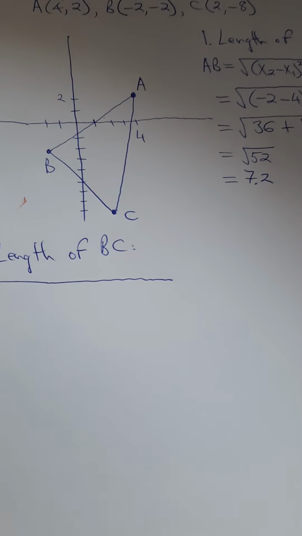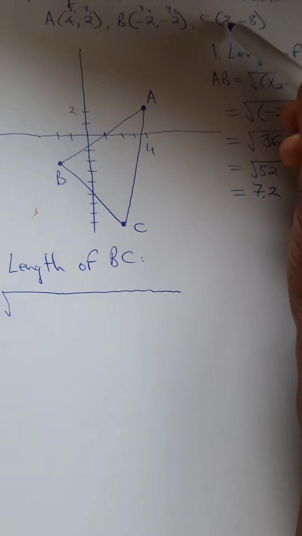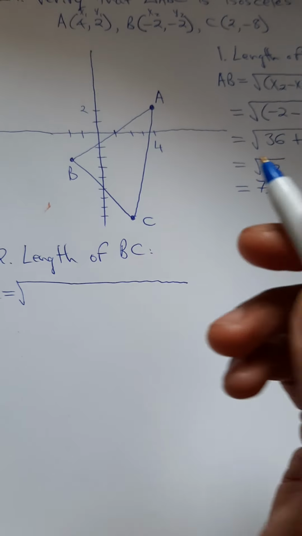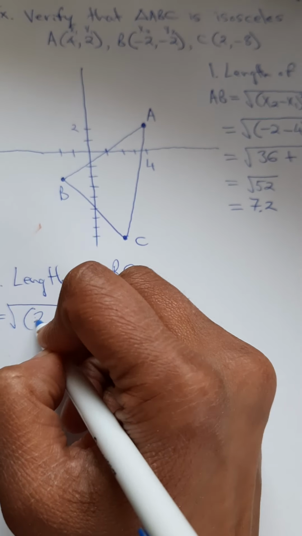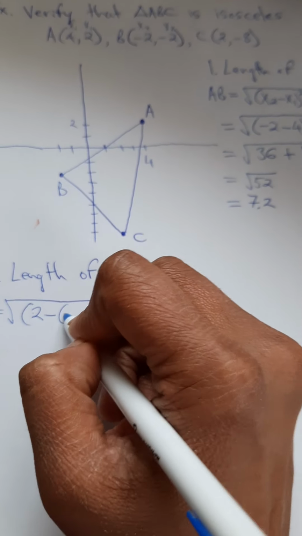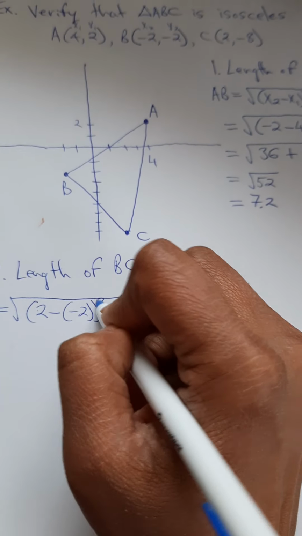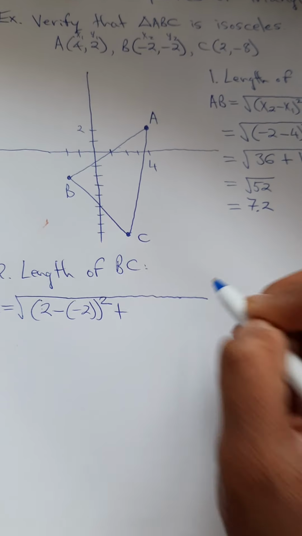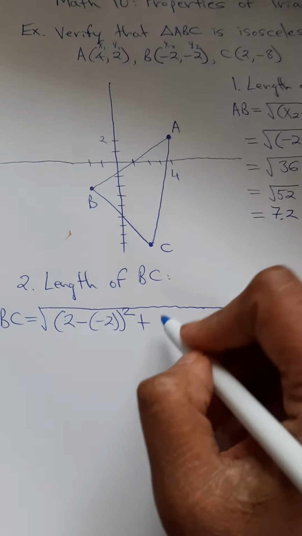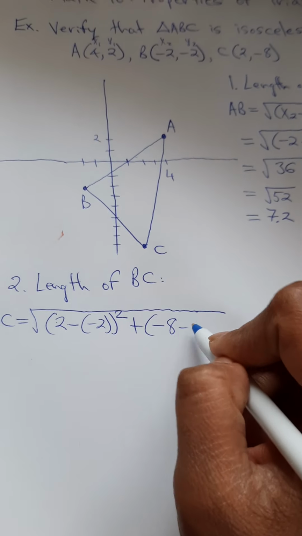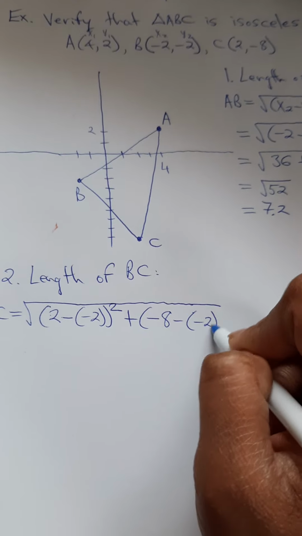So we're going to do x2 minus x1, or whichever way you want to do it. Let's do it the other way around. So 2 minus negative 2 squared, plus, and we're going to do the y2 minus the y1 squared.